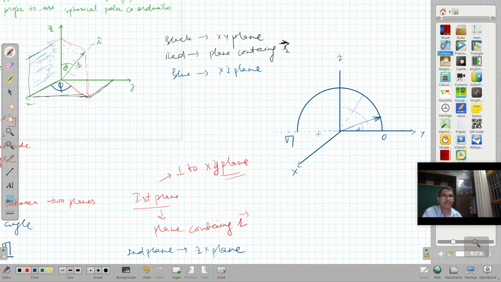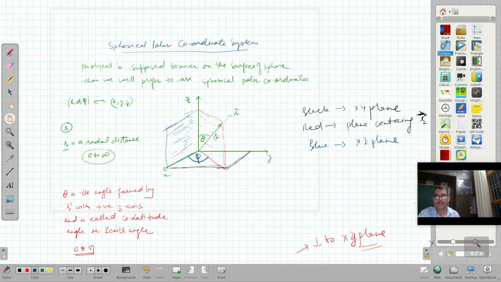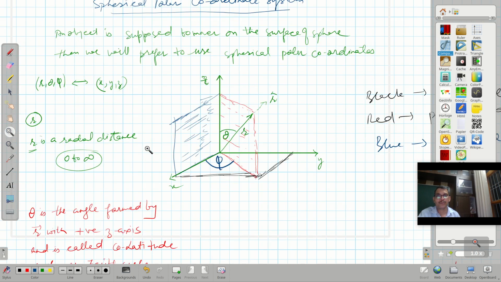So this gets rotated, and its rotation gives rise to a sphere, which we have to keep in mind, right? So here I briefly talked about how we will get different coordinates and what they represent.